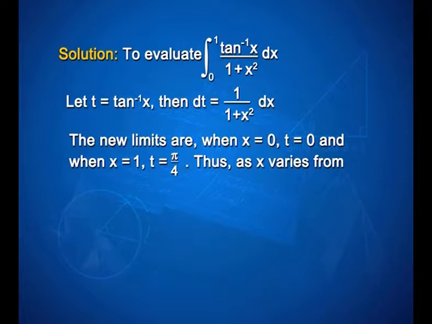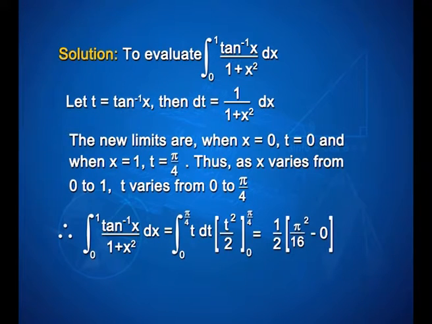Thus, as x varies from 0 to 1, t varies from 0 to pi upon 4. Therefore, the integral is equal to integral 0 to pi upon 4 of t dt, that is equal to t square upon 2 within limits 0 to pi by 4, that is equal to half of pi square upon 16 minus 0. On simplification, we get the answer as pi square upon 32.